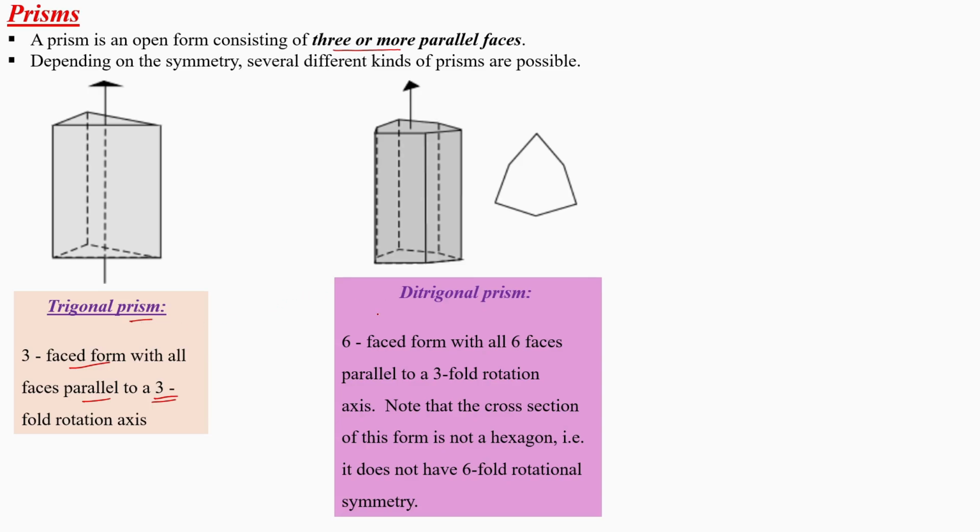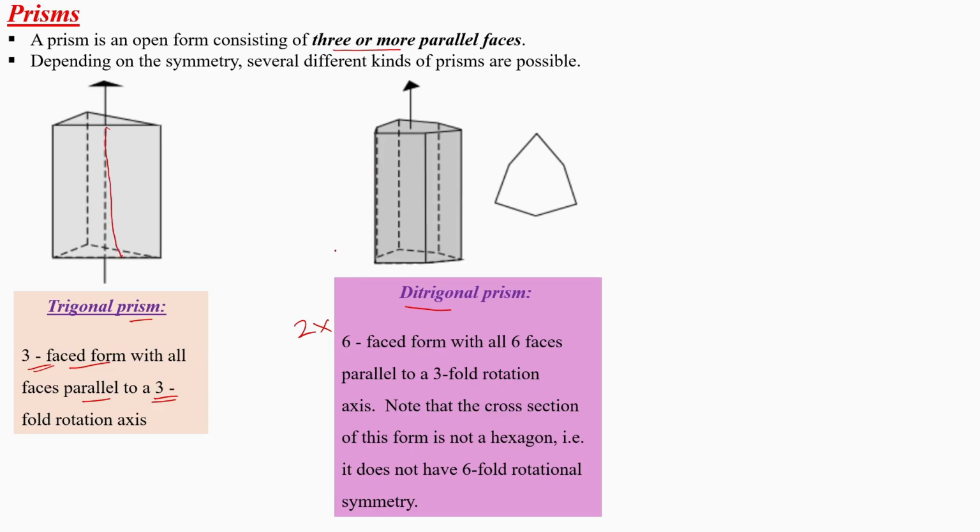And there is another form called ditrigonal. Di means two, and here you can see it's only three faces, so each face is made into two different faces.